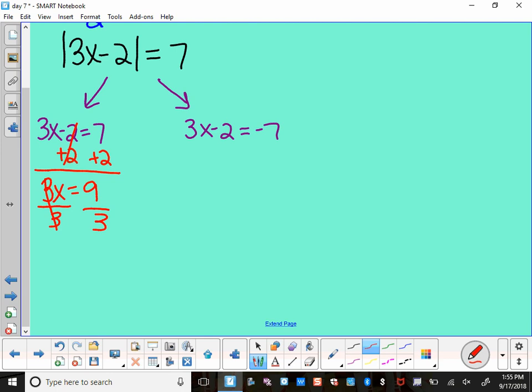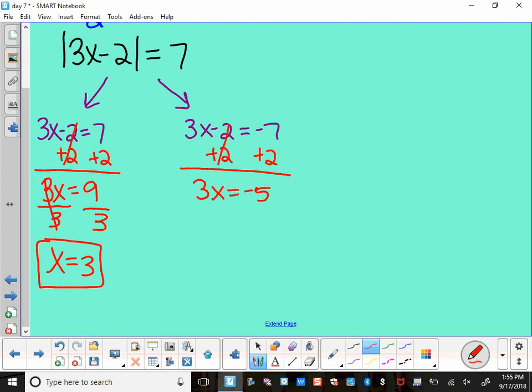Divide by 3, so x equals 3. On the other side, I add 2, that cancels, so I have 3x is equal to negative 5. Divide by 3, so x equals negative 5 over 3.